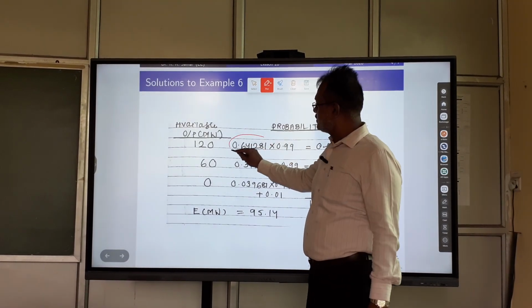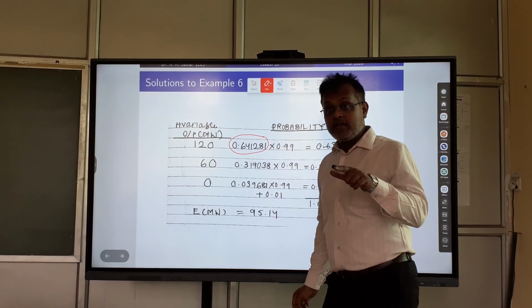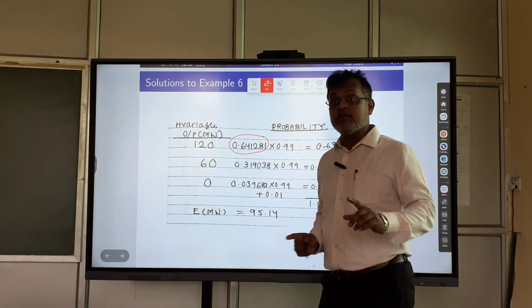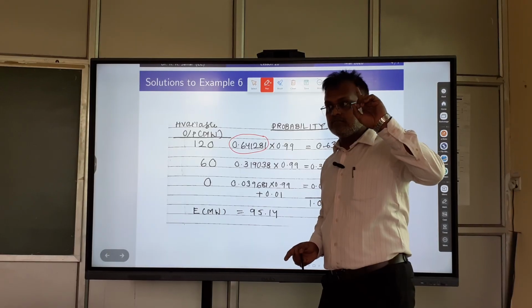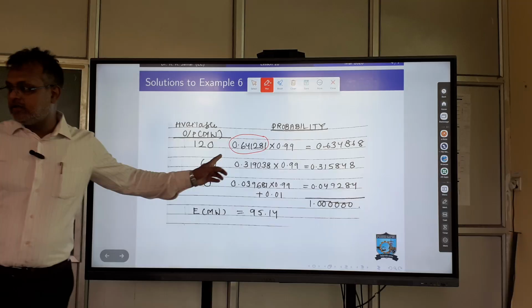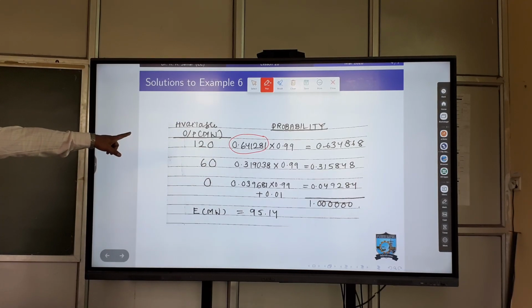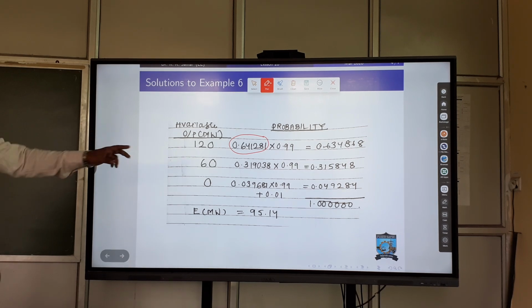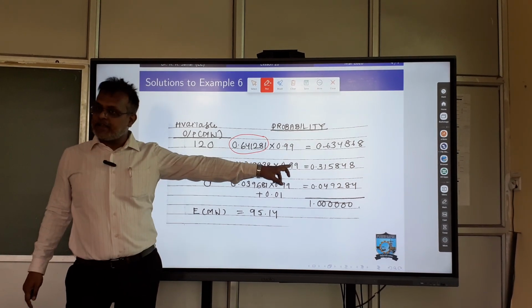This is the probability of 120 megawatt available for that system, whatever you wrote first, for 120 megawatt output, multiplied by transformer availability of 99%.